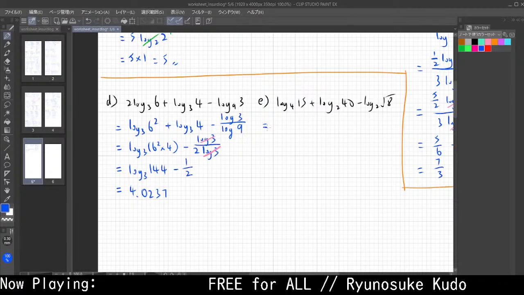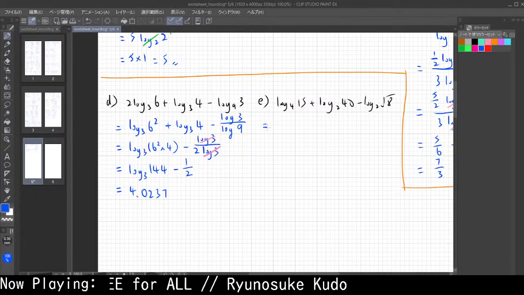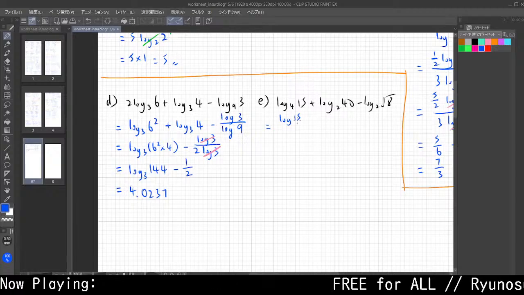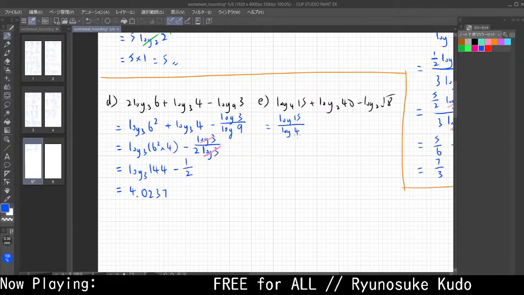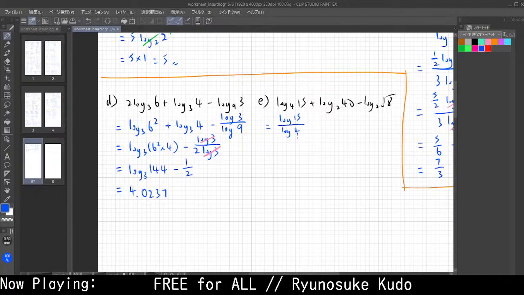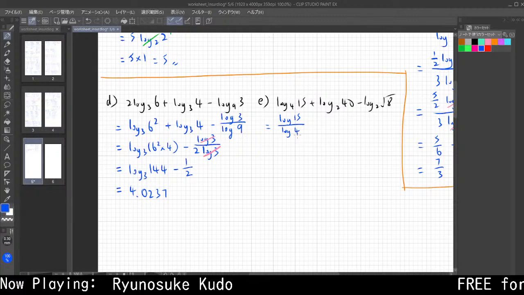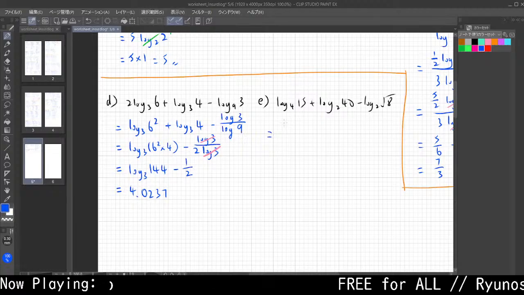Your two logs are base 2, so they will be combined. Your log 4 over there is a bit annoying, so let's just split it. So log 15 over log 4. The main thing is that since 15 cannot be represented as 4 or vice versa, and we want to combine it with the other two logs, just put a base 2.